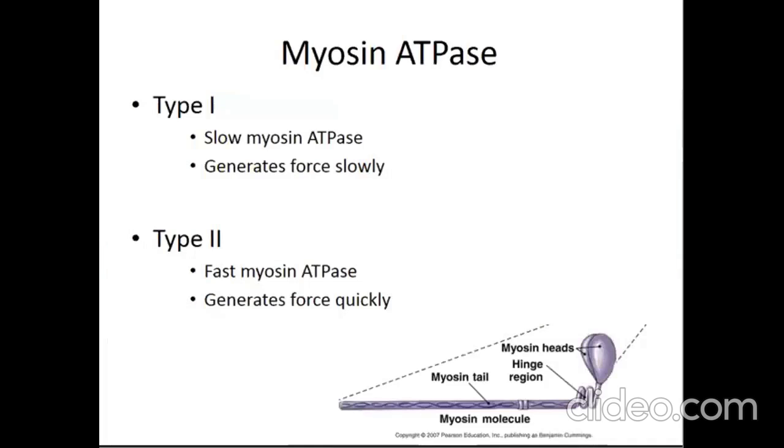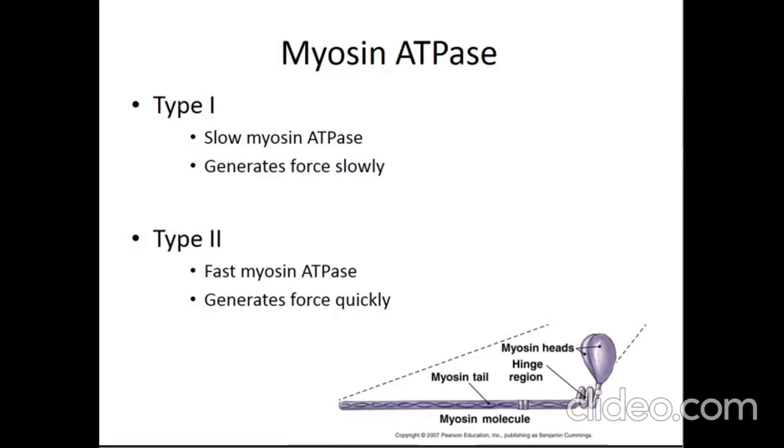As mentioned before, the reason our fiber types have different contractile properties is because of differences in myosin heads. Remember that the myosin head is an ATPase, right? It breaks down ATP in order to perform cross-bridge cycling. So the faster the myosin ATPase can break down ATP, the more power strokes can happen in a given period of time.